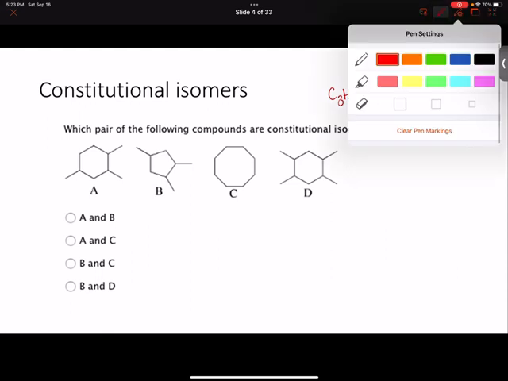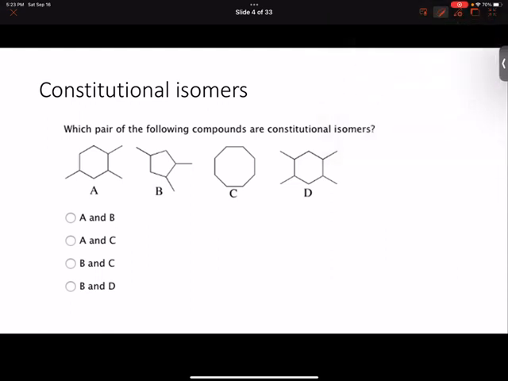I would do another one. I would probably choose C5H12, and then we have 1, 2, 3, 4, 5. So this is one way of representing this molecular formula.